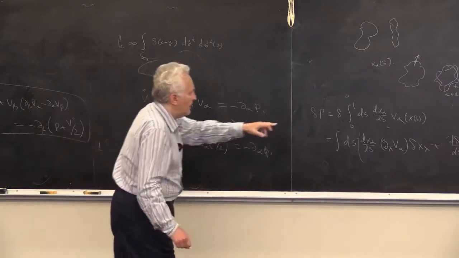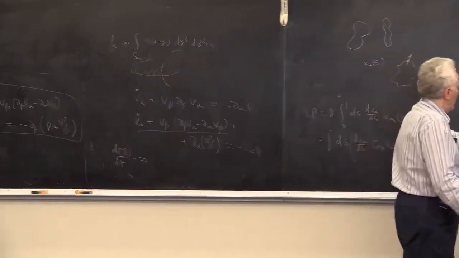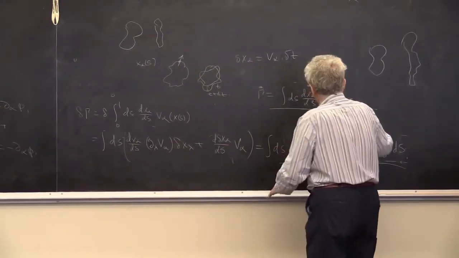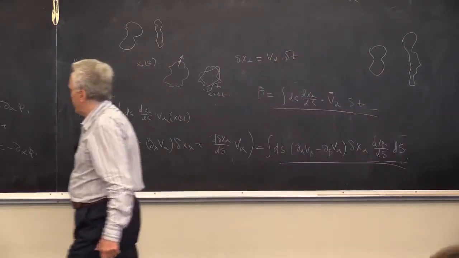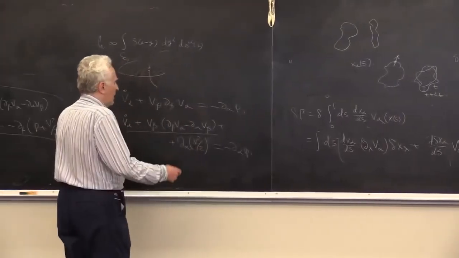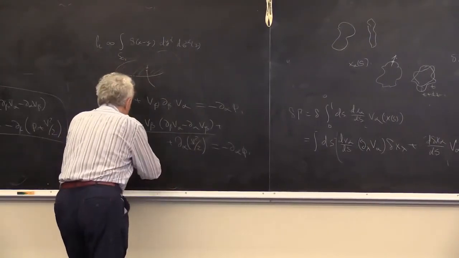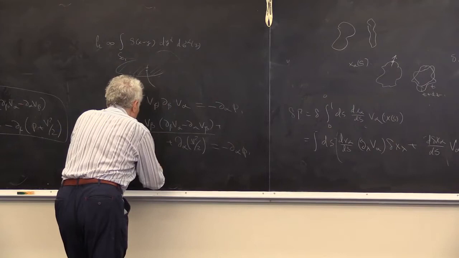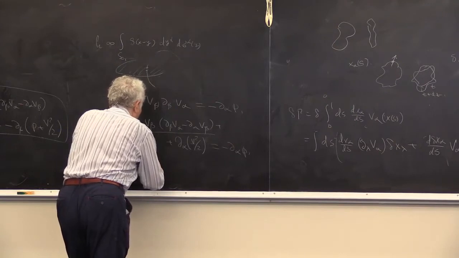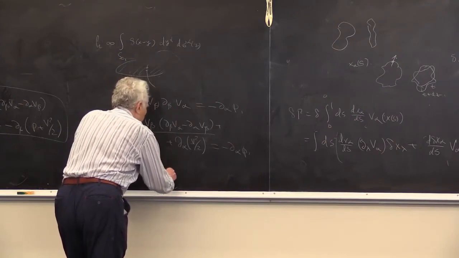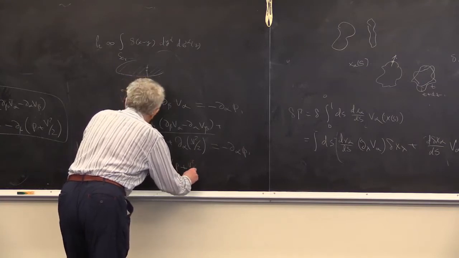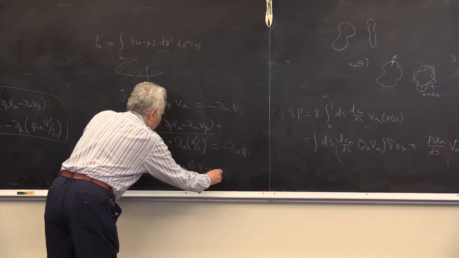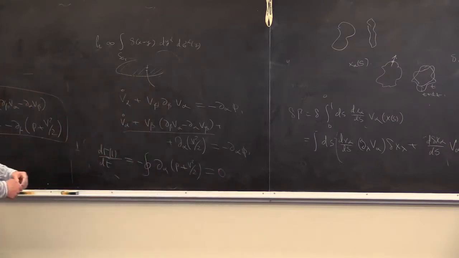If we use this formula, as a result, we get minus integral over the closed contour of d alpha of p plus v squared divided by 2. And this is 0 because this is a complete derivative.